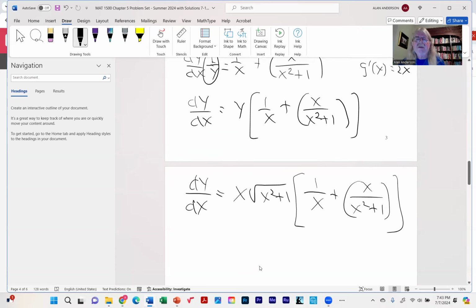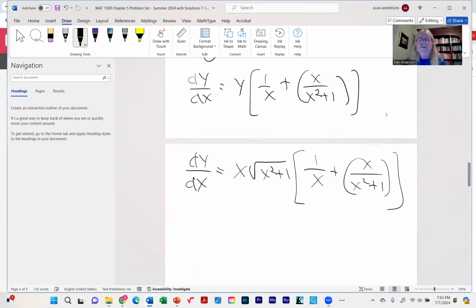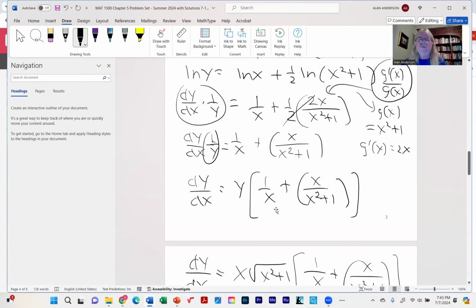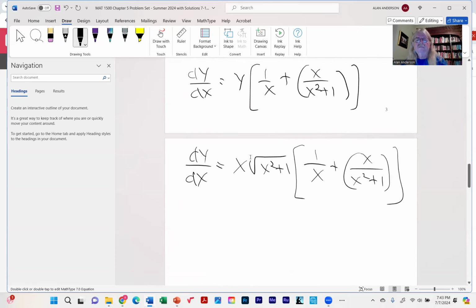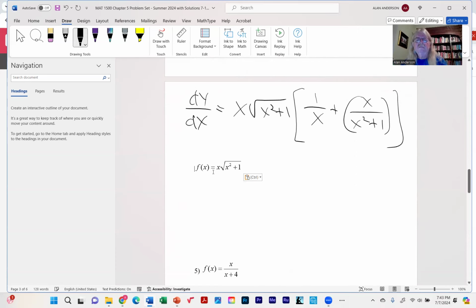But you know what? Let's see what would have happened had we simply gone ahead and said, we know how to do the product rule. Let's give that a shot. So remember how that works.